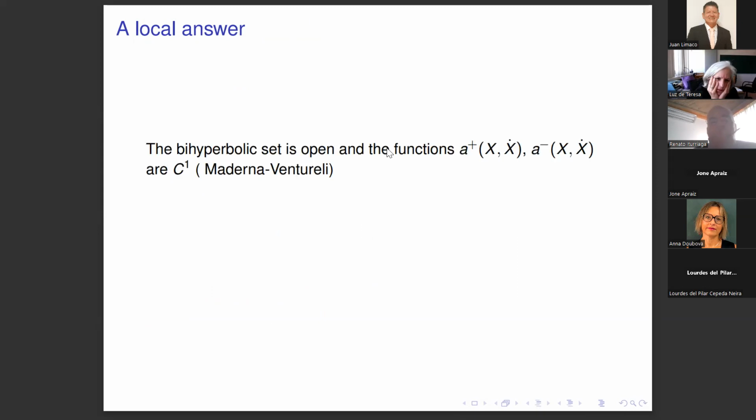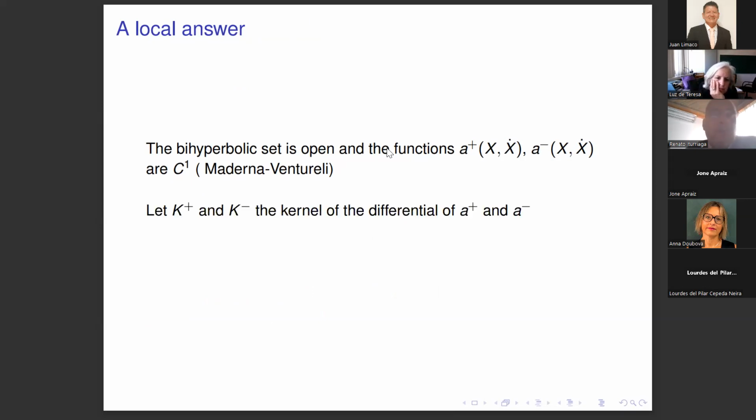And the point is that the set of bihyperbolic orbits is open, and you can define these functions A plus and A minus, and these functions are C1. This is a theorem of Maderna and Venturelli.